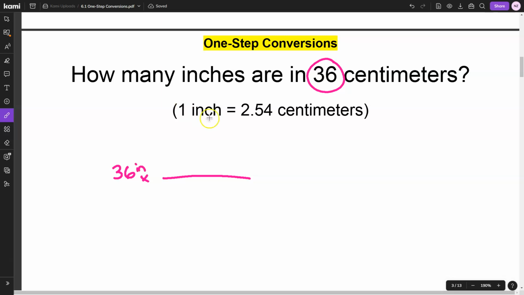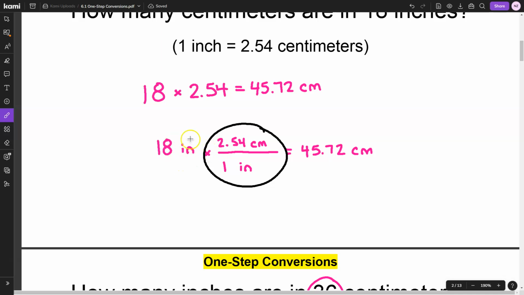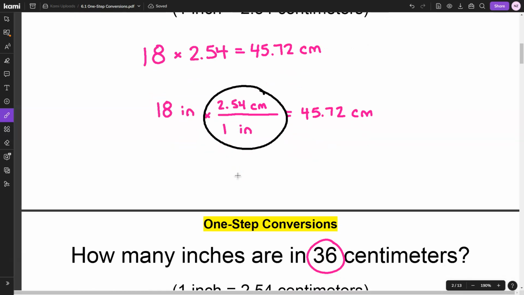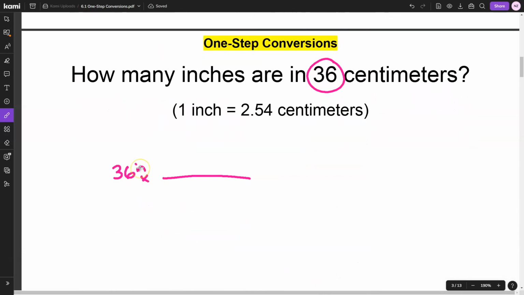So notice in the last problem, we started with inches, and then our units of inches went in the denominator, so our units were the same diagonal from each other. This time, we're starting with, not inches, but centimeters. So the units of centimeters are going to go in the denominator. So there are 2.54 centimeters in 1 inch.